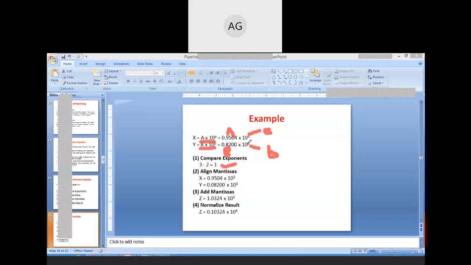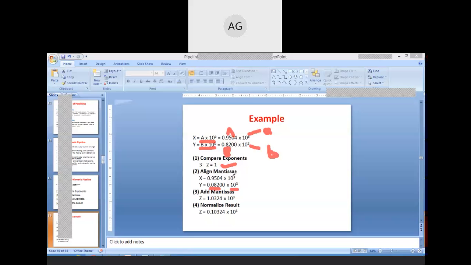Since the exponents are different in the question, we need to first compare the exponents. As the difference is one, in the section of align mantissas, we need to shift the decimal point by one place, from 0.82 to 0.082, and the power of the exponent becomes 10 to the power 3.